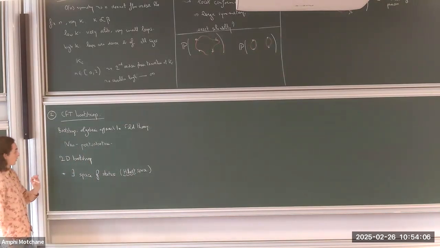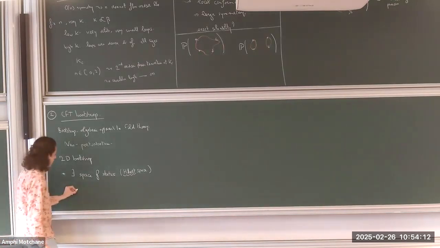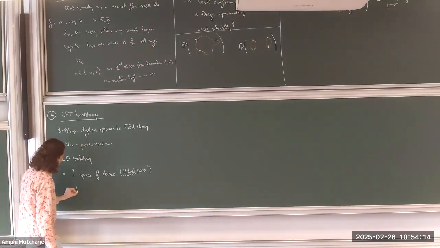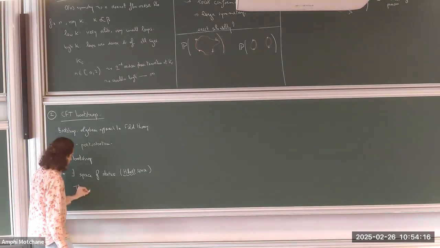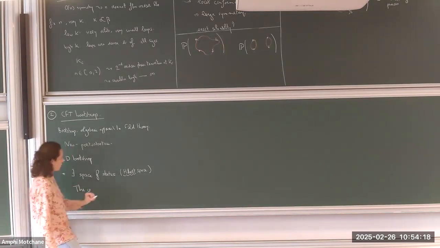And so the assumption that the theory is locally conformally invariant is translated in the fact that the conformal algebra, let me give a name to the space of states.